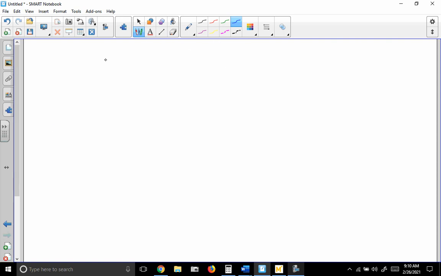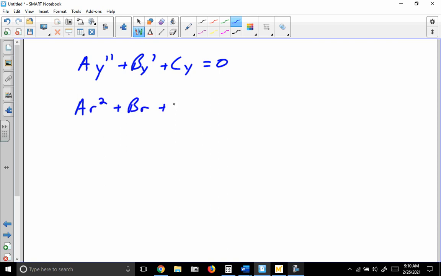Now let's look, generally speaking, if we have ay'' plus by' plus cy equals 0, then of course our characteristic equation would be ar^2 plus br plus c equals 0. Whether that factors or we use the quadratic formula, notice we're going to get two solutions for this, since it's a second degree, quadratic equation.